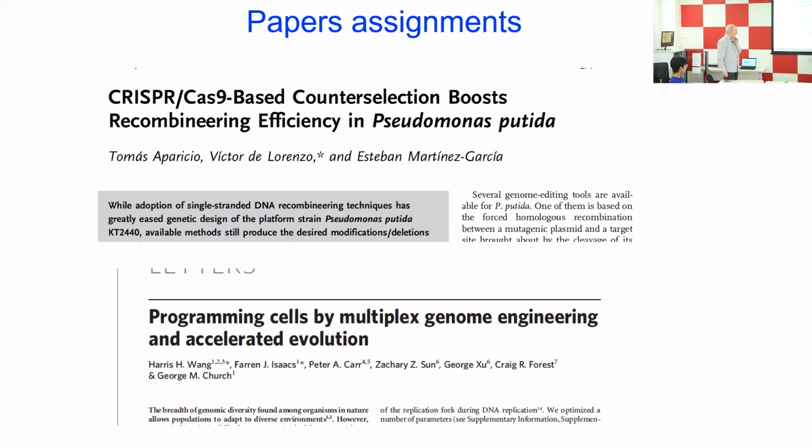So there's one specific project that I'm facing these days, exactly this issue, and it goes like this. At some point we were interested in understanding why Pseudomonas putida is so sensitive to desiccation.